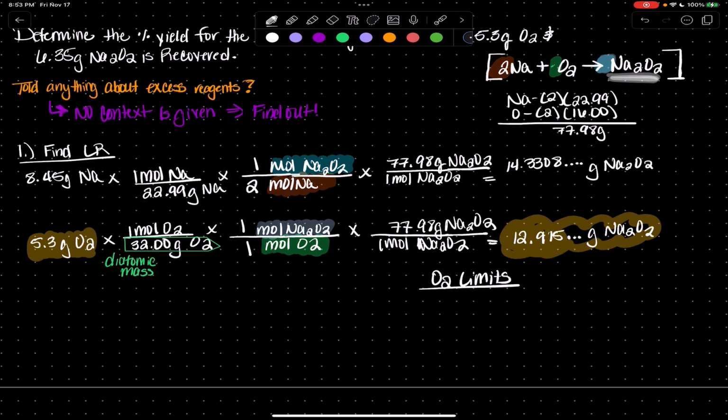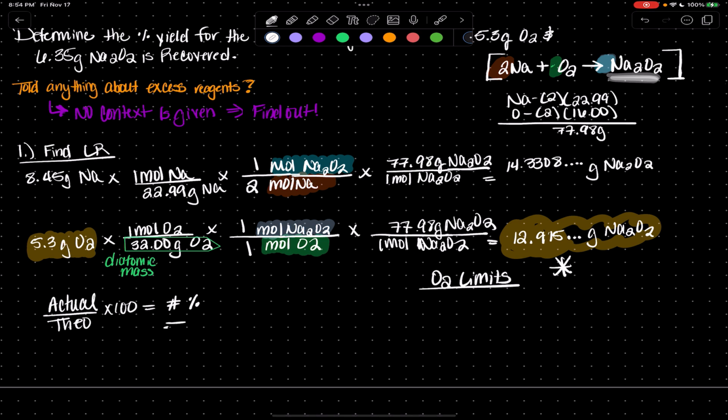Now, the problem told me I got 6.35 out. So it's actual over theoretical times 100 to give you some number of a percent. So I'm only going to use the limiting reagent's values.